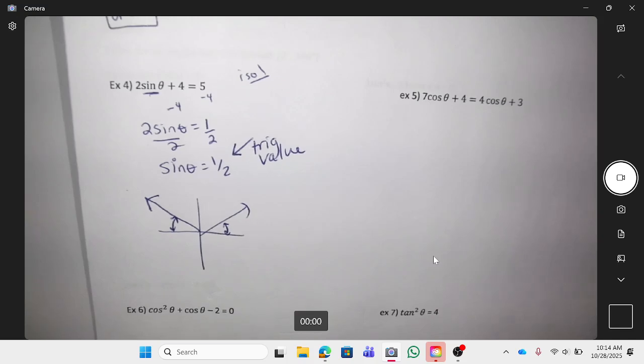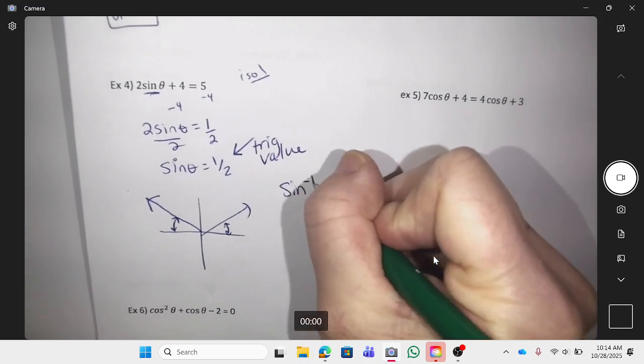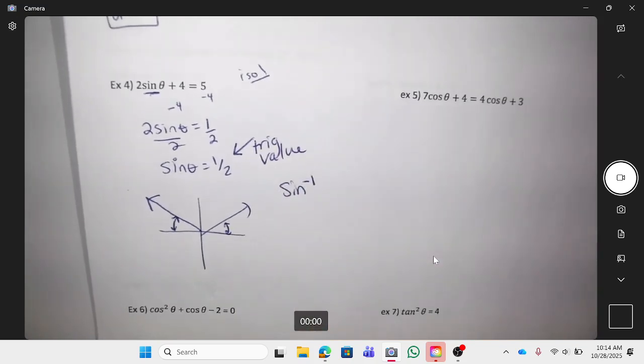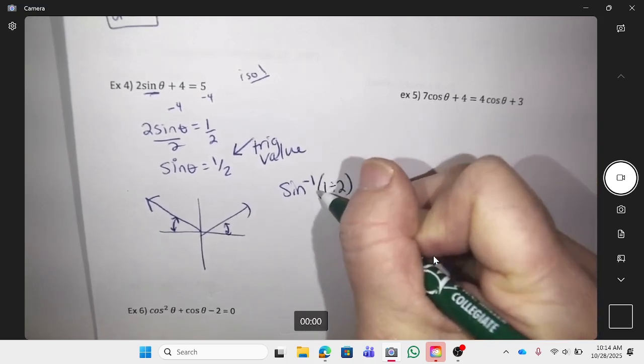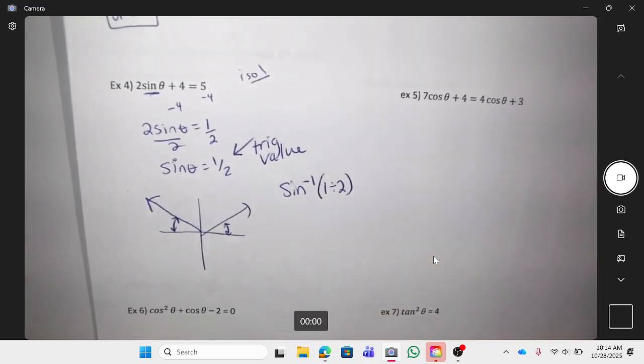Okay, I'm ready to start talking about angle stuff. So now I'm going to be jumping to my calculator with a sine inverse. Now, I would like you to do bracket 1/2 like that. So make sure you have a bracket around that group, right? Did you get 30 degrees out of that one?